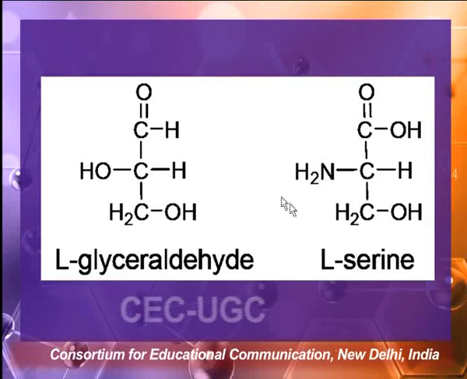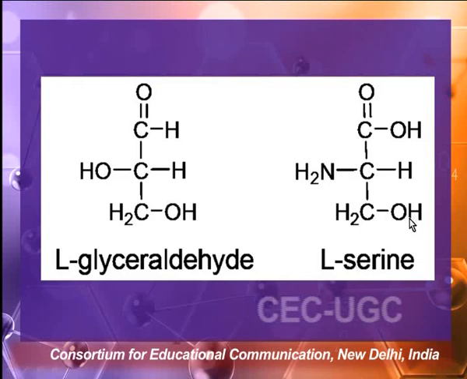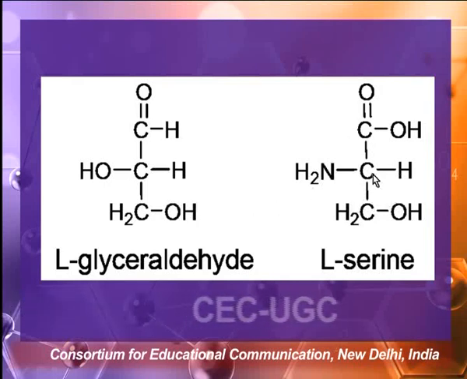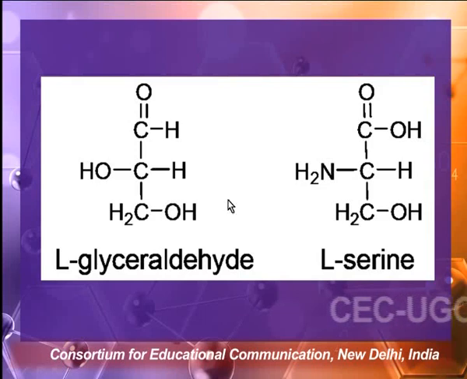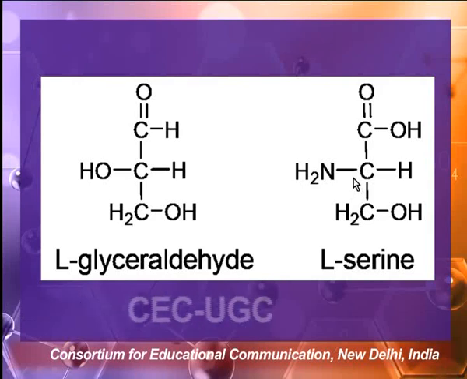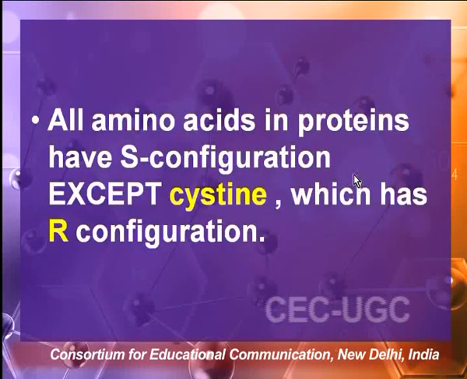Similarly, in L-serine we have CH2OH, CH, and then the amino group on the left hand side. So we say the structure of serine can be related to glyceraldehyde, hence serine is taken as a standard when we assign relative configurations to amino acids.